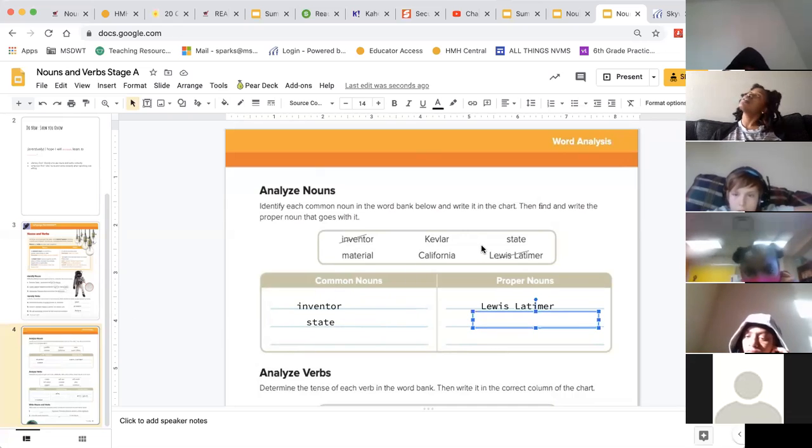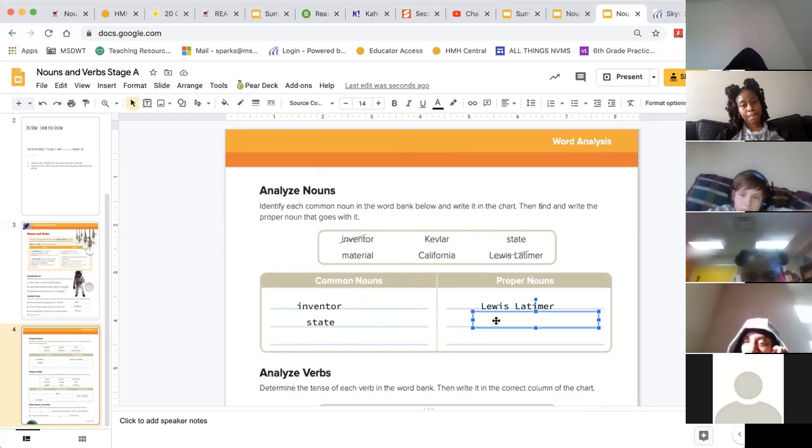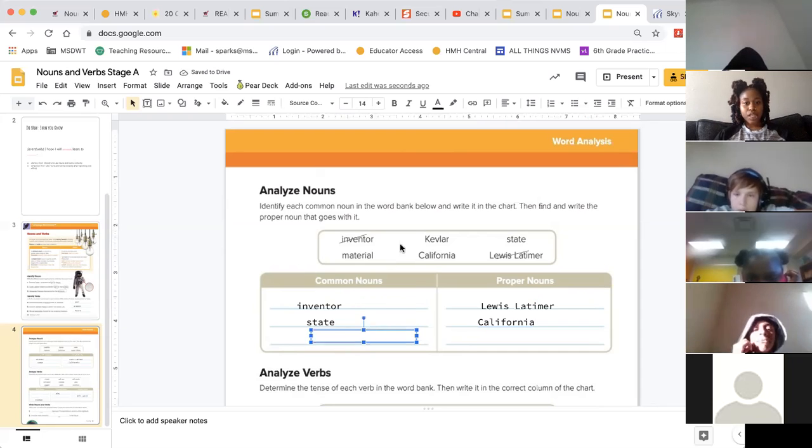Which word in this word bank is a state? Waiting on Ben and Patrick. California is the state that matches with the common noun state. So we've used California, we have state.